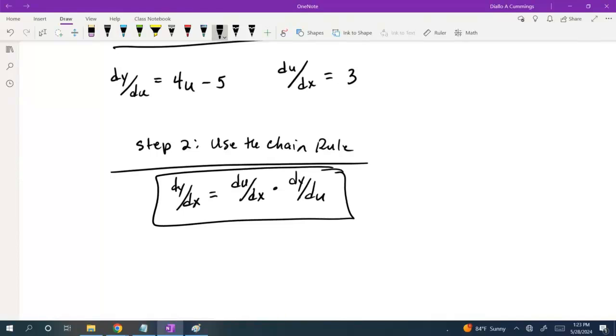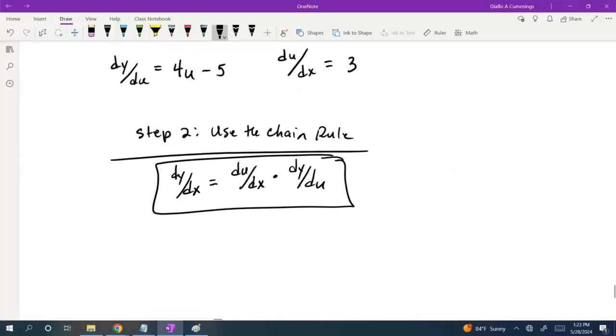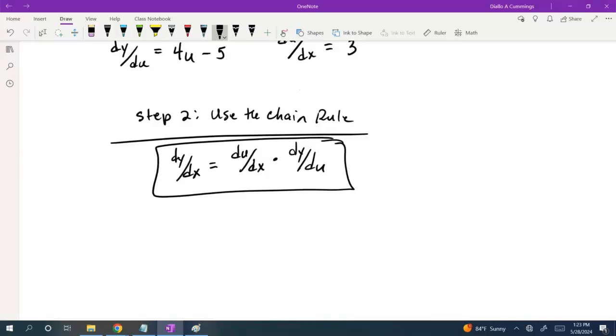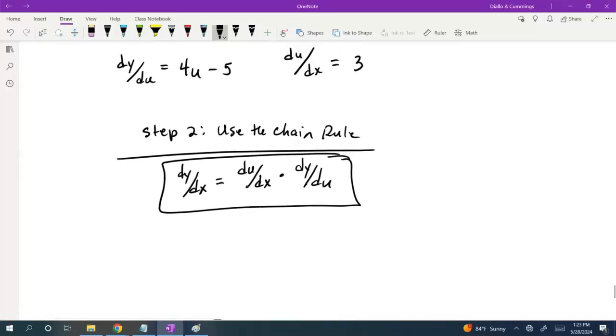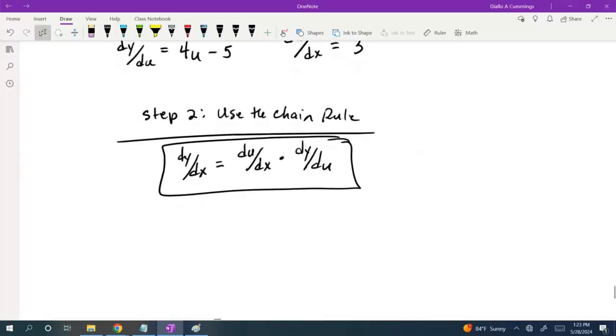Keep in mind, since this is multiplication, it really doesn't matter which derivative we find first. All right, so now we're going to simply multiply everything together.